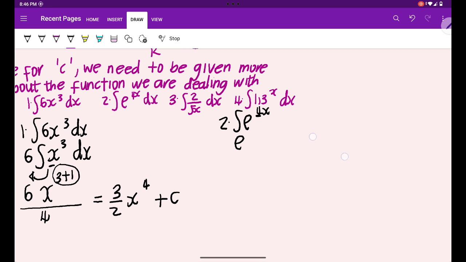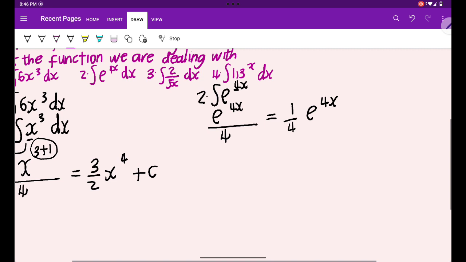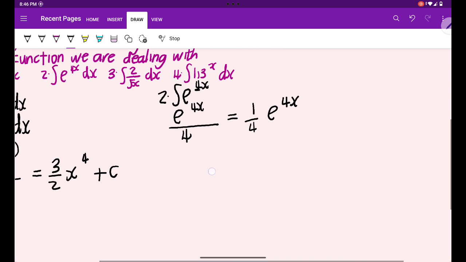I write e to the power of 4x divided by the k. The k is the coefficient of the x, the constant, right? And then I divide by 4, right? And this can also be written as 1 over 4 e to the power of 4x, right? Okay, those are the first few examples.